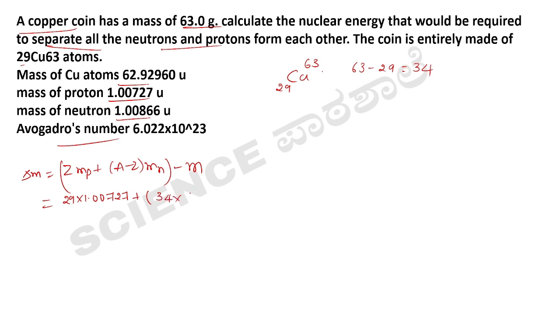34 into Mn, that is 1.00866, minus capital M, that is 62.92960. If you multiply these, you will get something. I'm applying the values directly here, and you do the calculation part because it becomes lengthy.